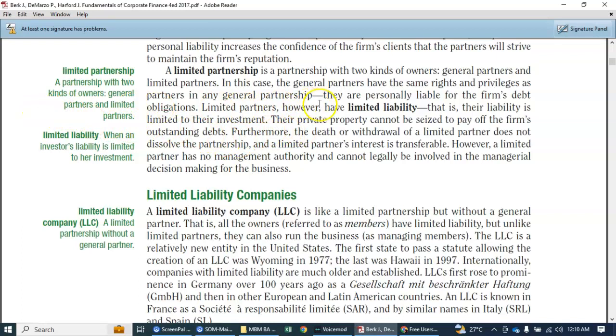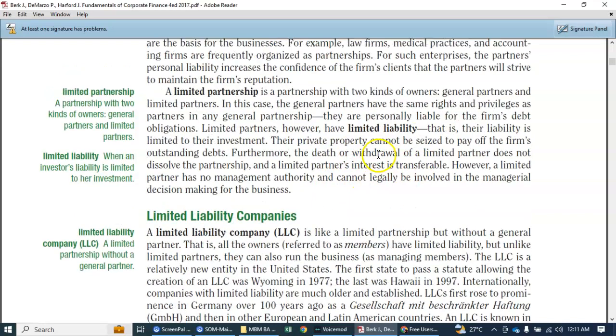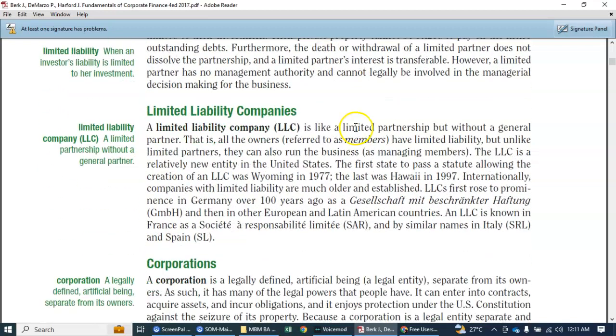In a limited partnership, the limited partners are not liable to the extent of their personal assets, because there must be a general partner or managing partner who is liable even to the extent of his or her personal assets. For an LLC, all of the members are not really liable. The liability is limited only to the assets possessed by the partnership.